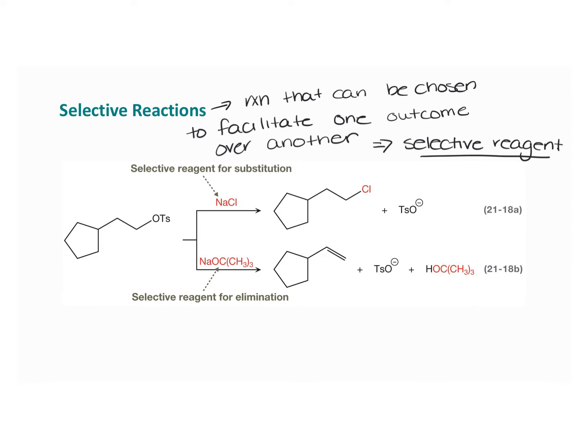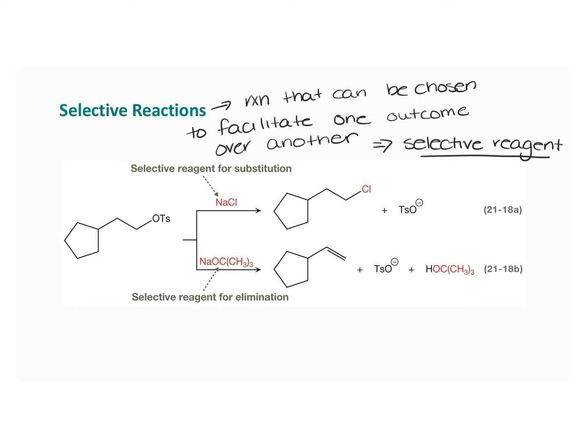Okay, so we actually first saw selective reagents in chapter 9 in the context of a competition between nucleophilic substitution and elimination reactions. So even though SN2 and E2 reactions tend to compete with each other, given that strong nucleophiles are often strong bases, we can choose specific reagents to selectively favor one reaction over another. So you're already familiar with this.